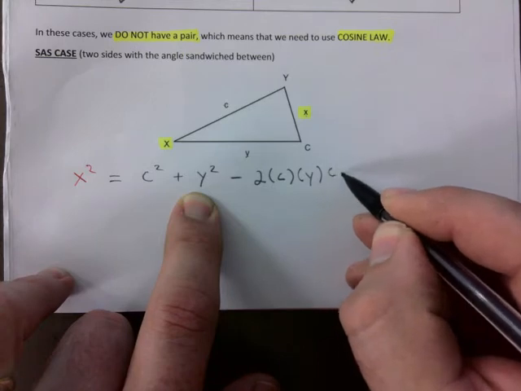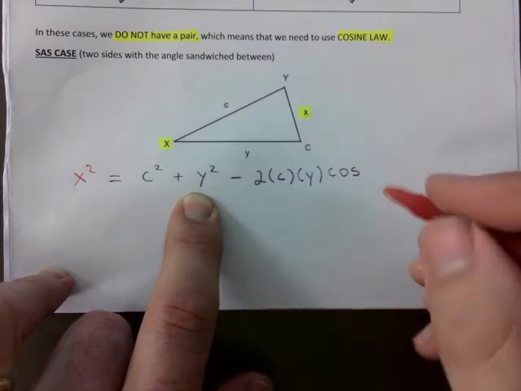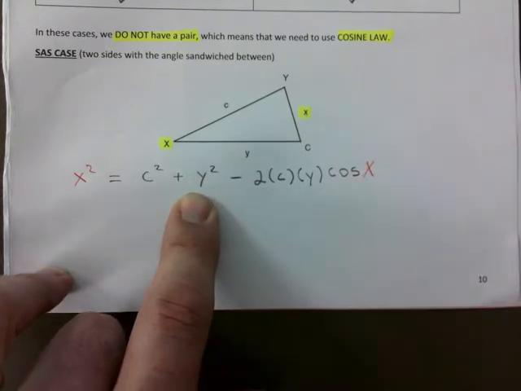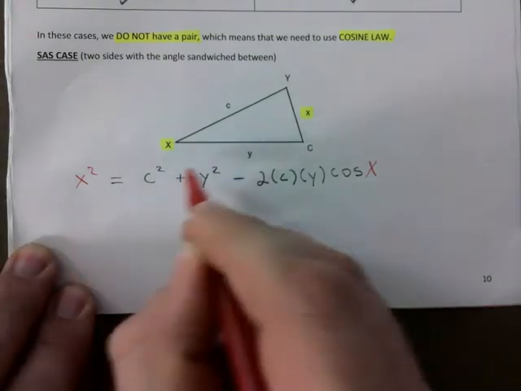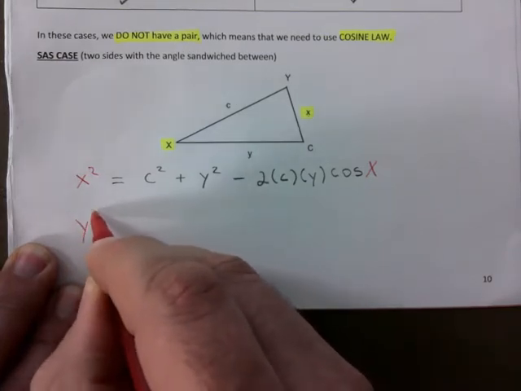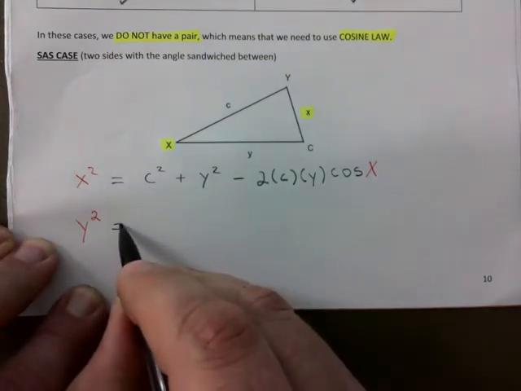Times cosine of, and this is where your pen comes back, capital X. Let's keep going. So this is formula number 1. And the other ones are just variations, so you can wrap your head around it. Got it? If you wanted to find, let's say, side Y, you would start with y squared equals.